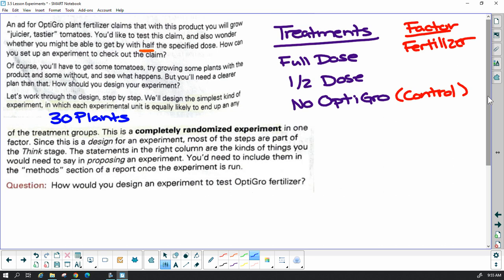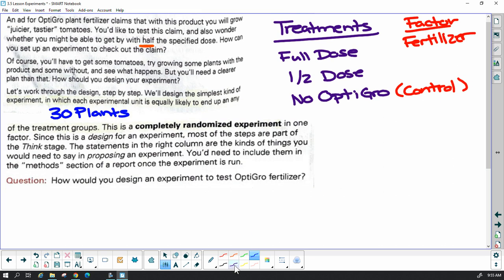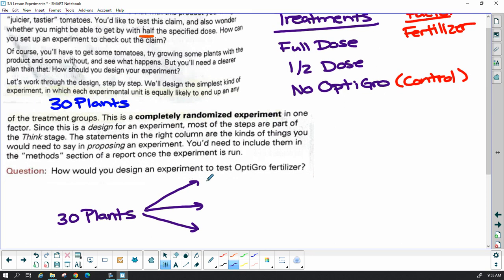And so we could create this figure here. So I'm going to start with my 30 plants. And then I'm going to randomly assign 10 plants to each group.